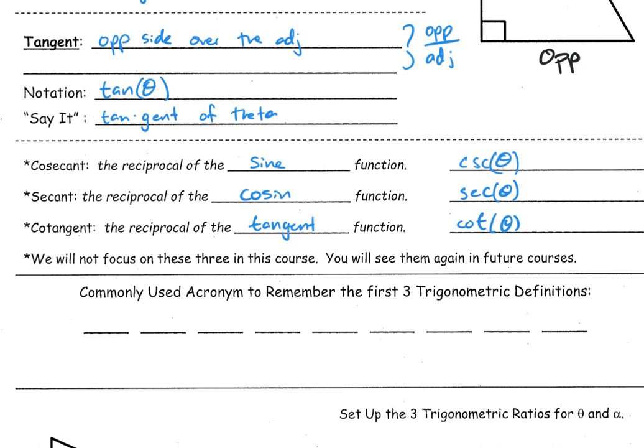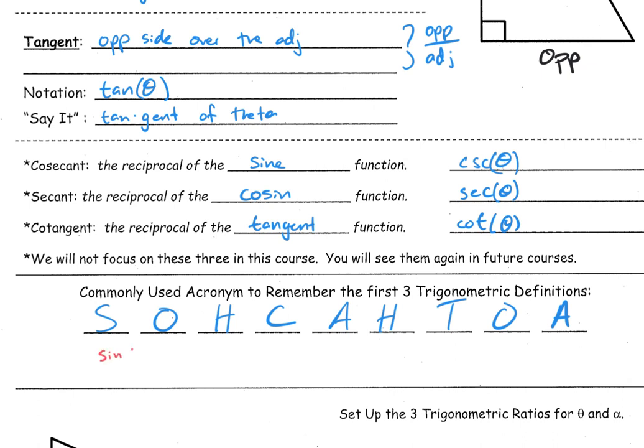Now, so far, there's a lot of information going on, which is why there is this fun and fancy acronym. SOHCAHTOA, to help you remember all the information. Now, the acronym quite literally spells out the information as you need it.